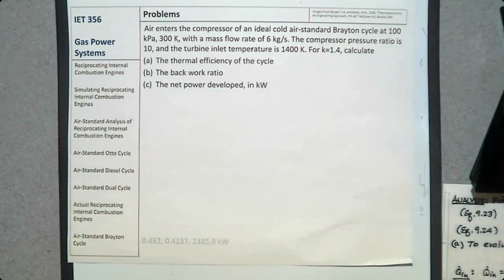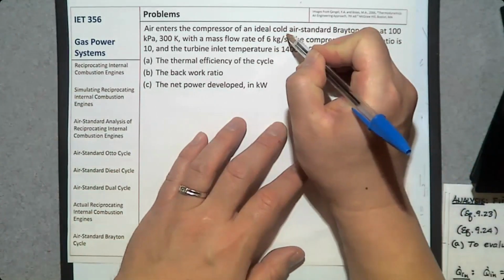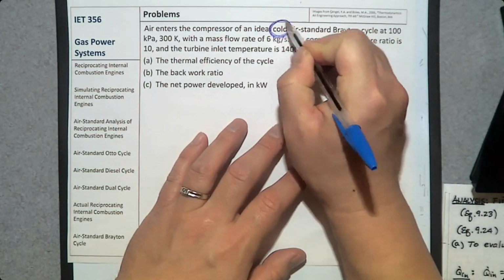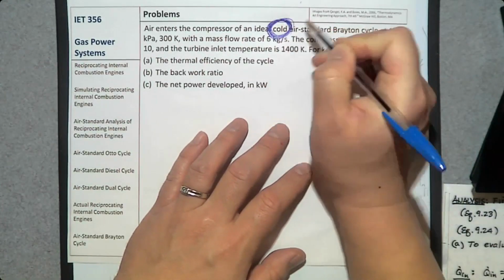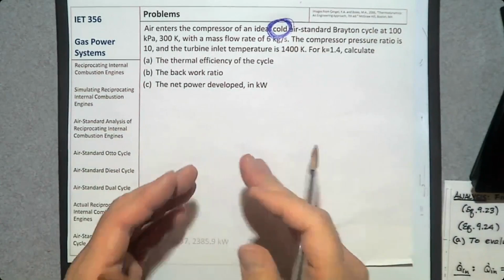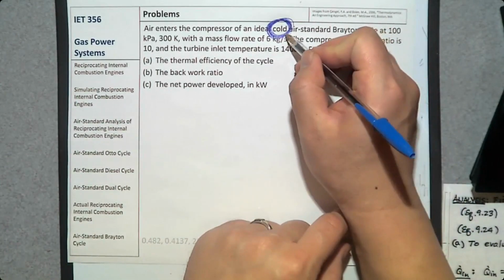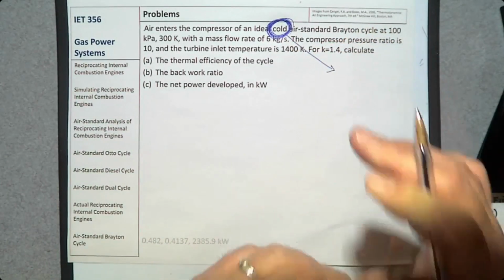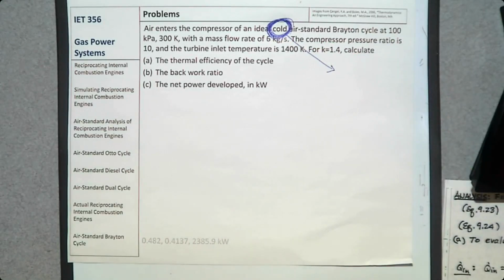One thing you can notice here is that this is called cold air standard analysis. In the previous Otto cycle and diesel cycle, how did we determine thermal properties such as u or h? We had to use table A-22.